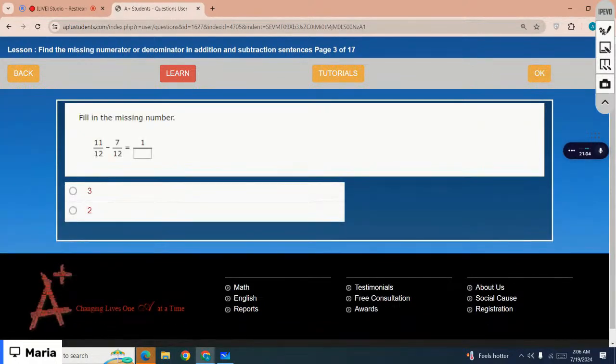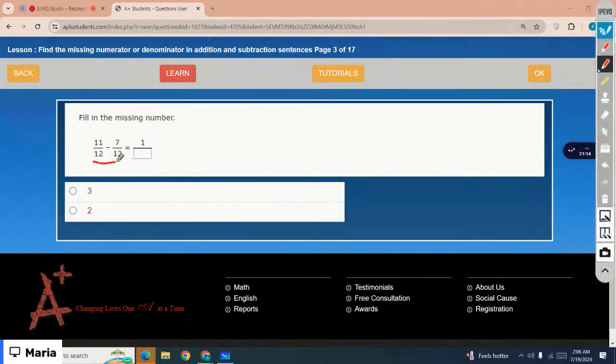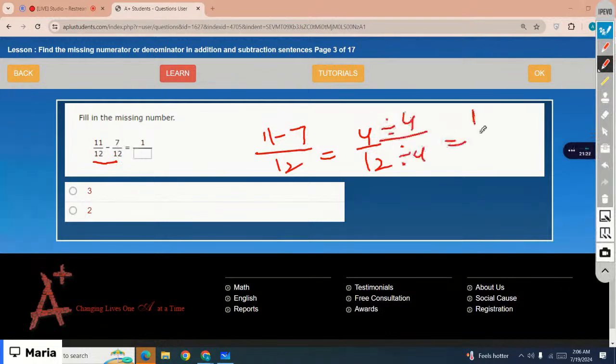Okay, the next one is 11 over 12 minus 7 over 12, right? Let's just solve and find the missing number, because here you are given both the fractions. 11 minus 7 is 4 over 12, right? Divide them by the common number 4. 4 divided by 4 is 1 and 12 divided by 4 is 3.